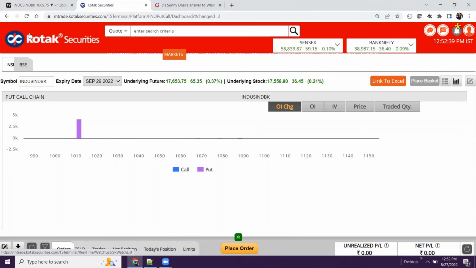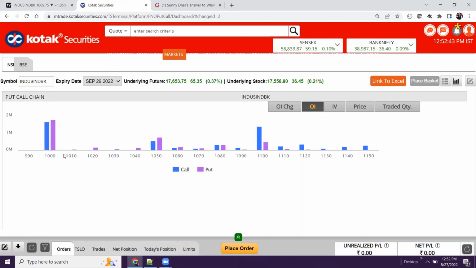Let me explain again what I'm saying. Now suppose 1,000 is the highest put interest and this is the highest call. So we conclude 1,100 is the resistance and 1,000 is the support. Now suppose 1,000 is broken, it means this put seller is in loss.